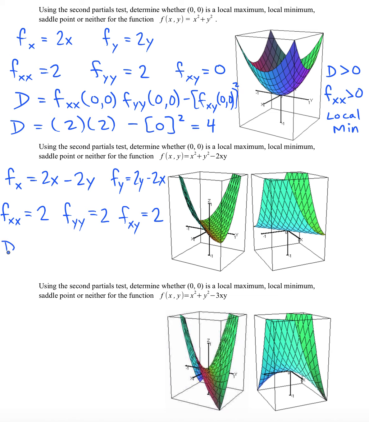According to the formula here, we're going to have 2 times 2 minus 2 squared, and the value of D is 0. So when the value of D is 0, the test is inconclusive.